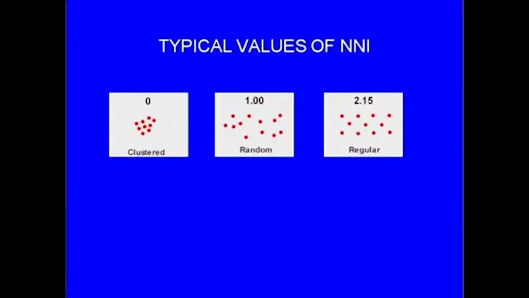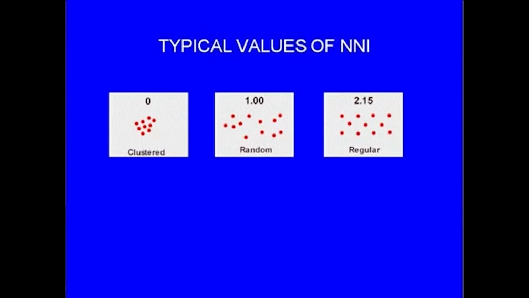Well, in this slide, for certain typical values of NNI, the distribution of points has been depicted. For NNI equal to 0, we find that the points are lying very close to each other, and this is what we call a cluster of points.